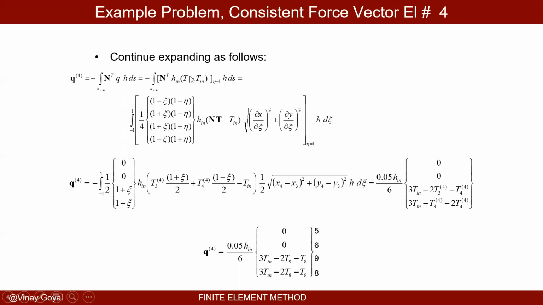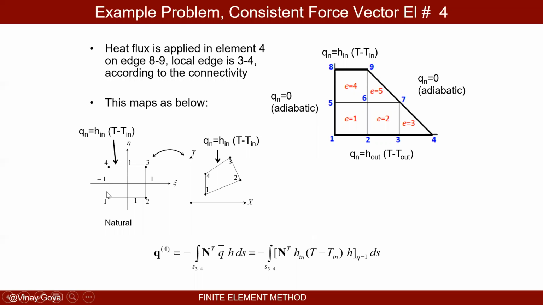Now I know h, the heat transfer coefficient. So that's that. N bold transpose is the shape functions. We know them for a quadrilateral element. And the integral goes from -1 to 1. And you can see it goes from -1 to 1 on psi.